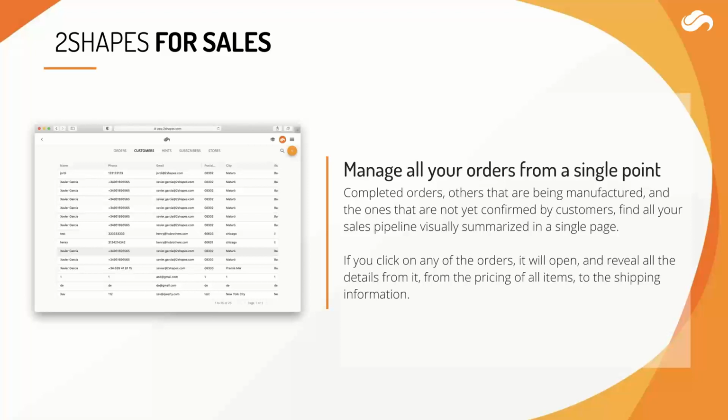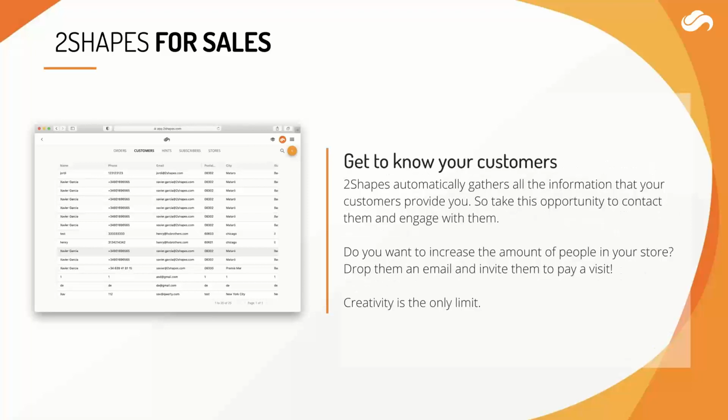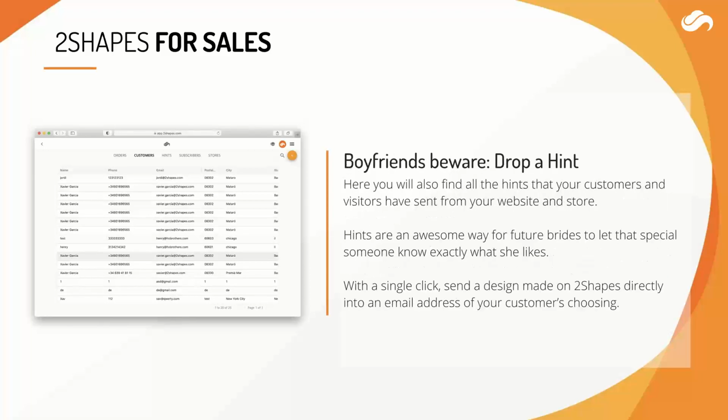Then also for sales, when somebody orders from your store or your e-commerce, because in 2Shapes you can create multiple e-commerce sites, you can create an e-commerce just to target some customers, but you centralize everything in one place. When somebody hits order, you receive all the information about the orders, also the customer list, and all the hits that people make in your e-commerce.